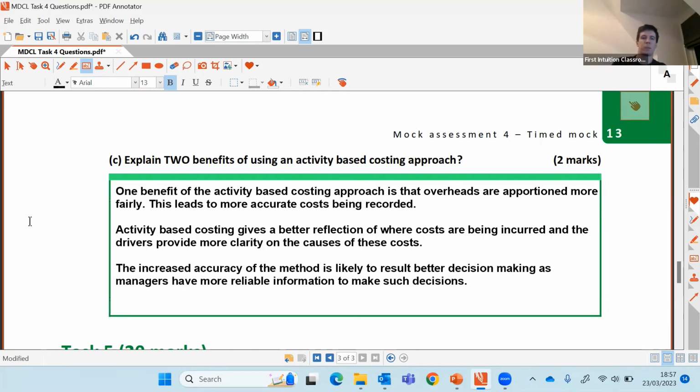Okay. Only pick two. There are more, but only pick two of those, and you've got your marks.